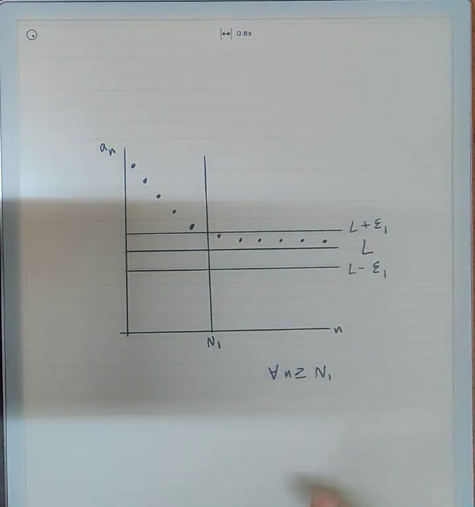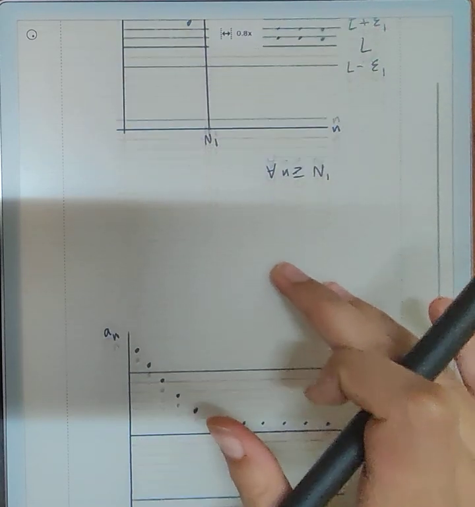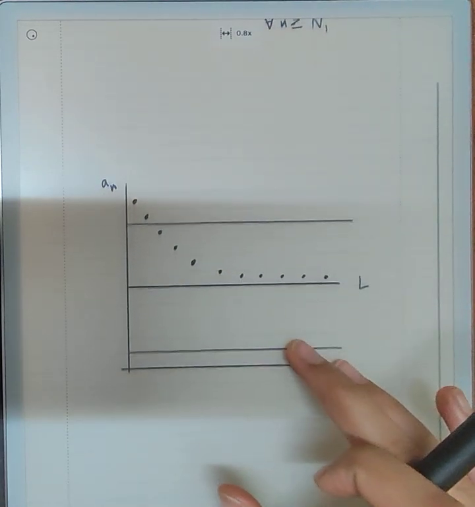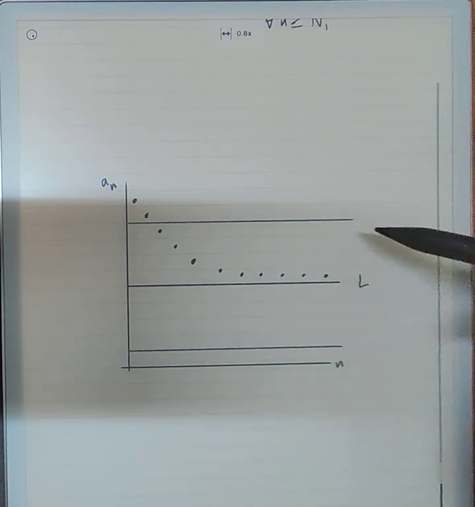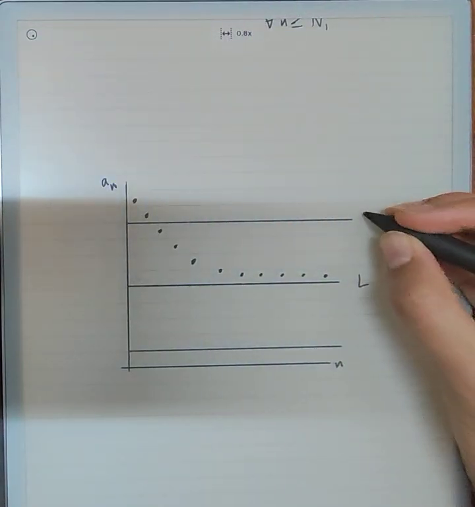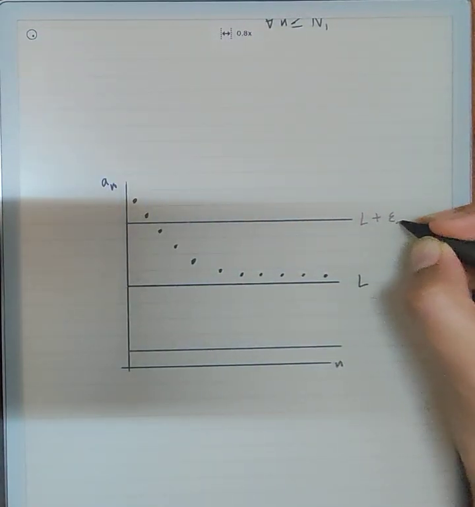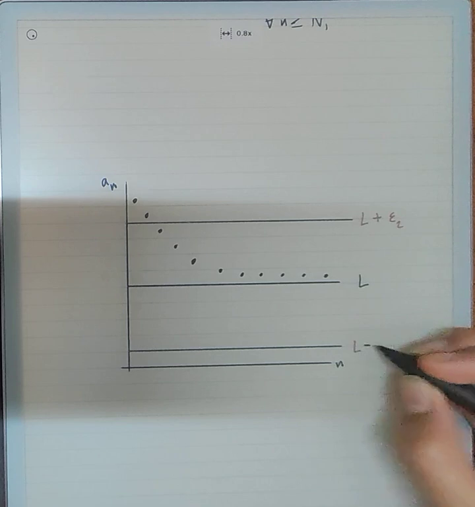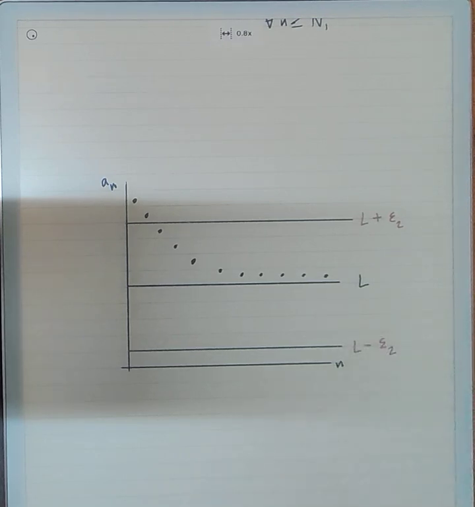Now let's see what happens when we pick a significantly large epsilon neighborhood. So let me come down here. This right here is my epsilon neighborhood. So I've got L plus, let's say, epsilon 2, and I've got L minus epsilon 2.